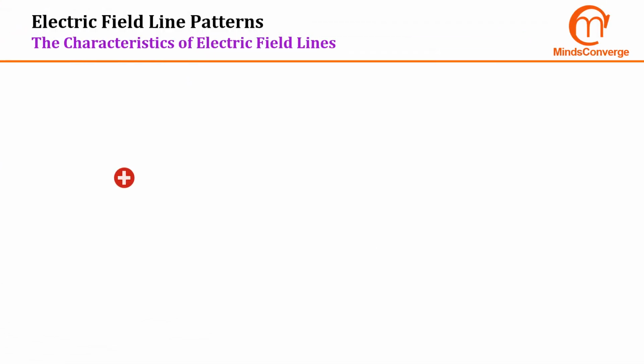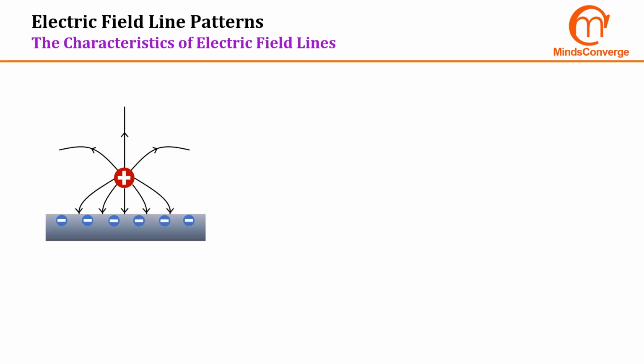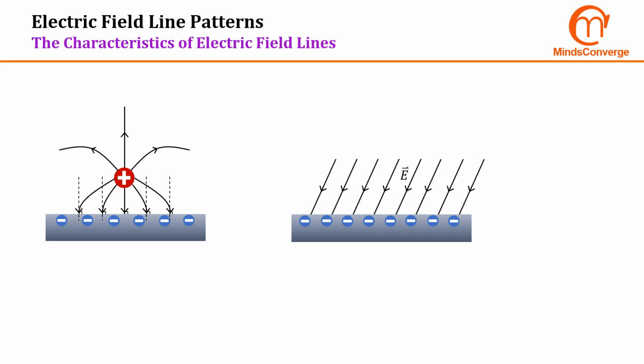A positive point charge is placed near an oppositely charged flat plate. The electric field lines meet the surface of the plate at right angles to it. This is because charges on a conductor will always move to the surface to be as far away from each other as possible. If the field lines are not at 90 degrees, these surface charges will interact with the electric field that is at the surface.